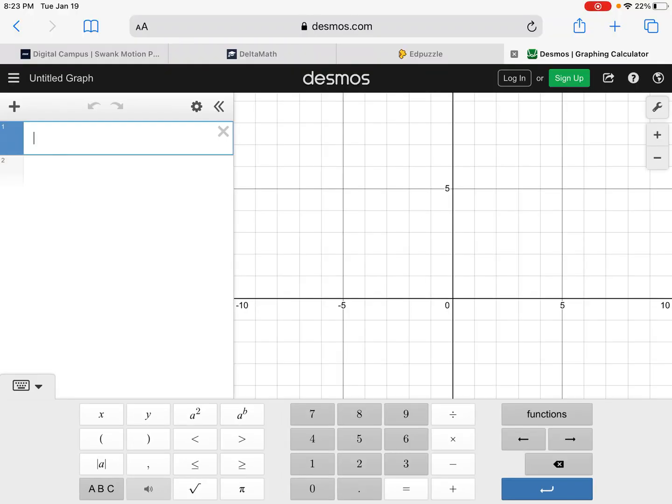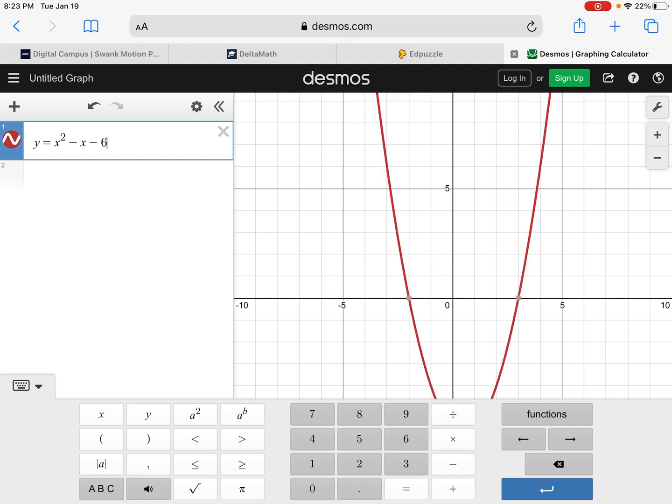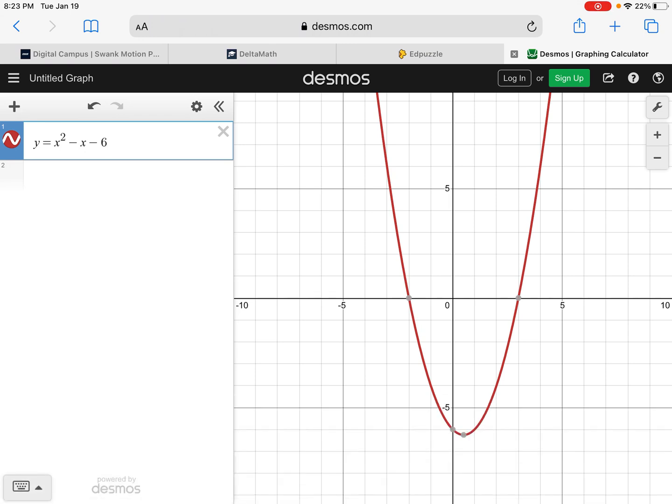So I'm going to go back to Desmos and type it in: y equals x squared minus x minus 6. You can push the menu down by clicking that. And now you see that Desmos has graphed the quadratic for you.